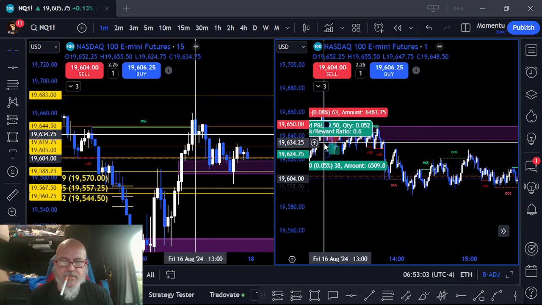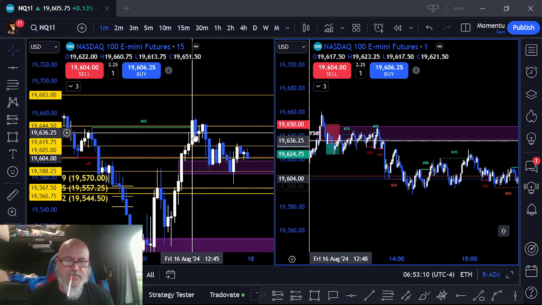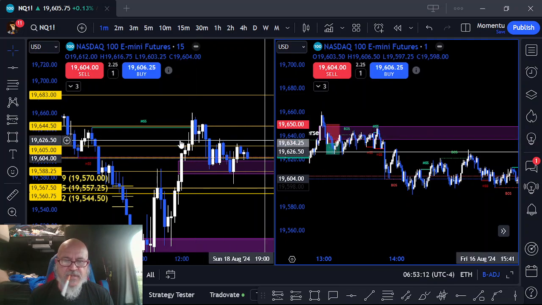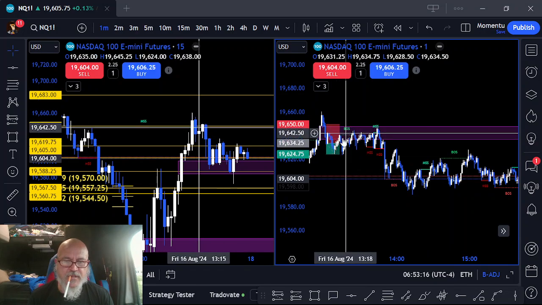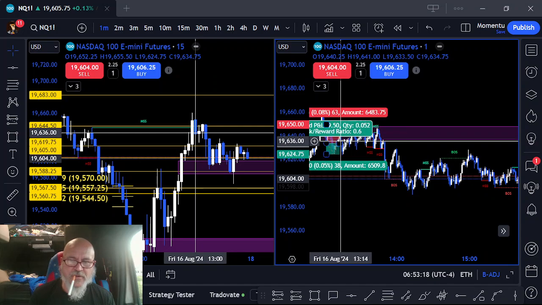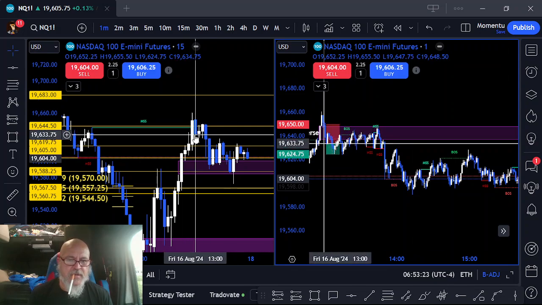Right there, at 103. So it wasn't the close. It was about halfway through that candle, because we came down further and then pulled back a little bit before the candle closed. But that's my entry point, up here.